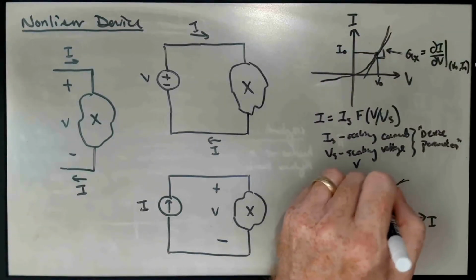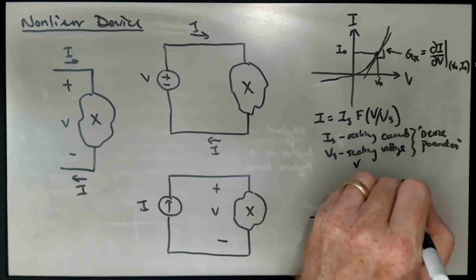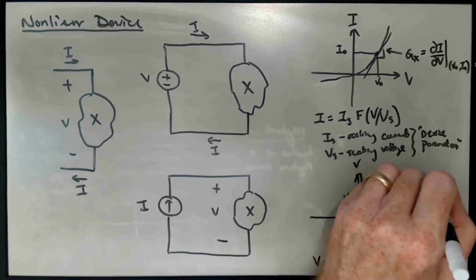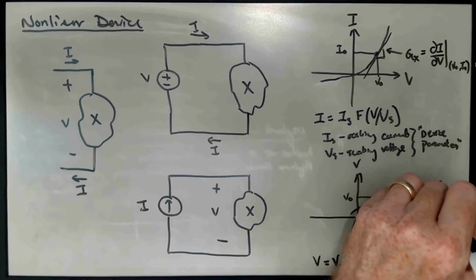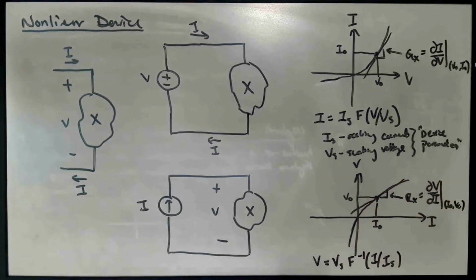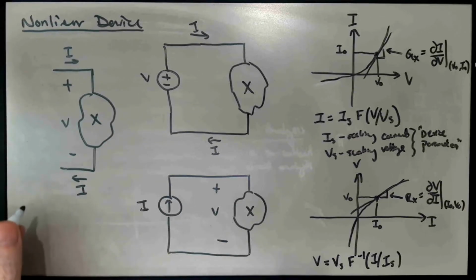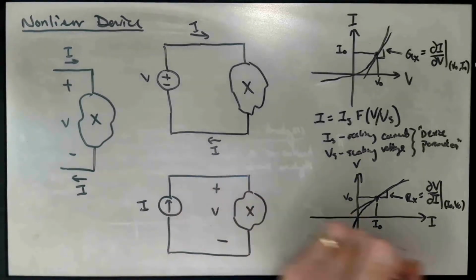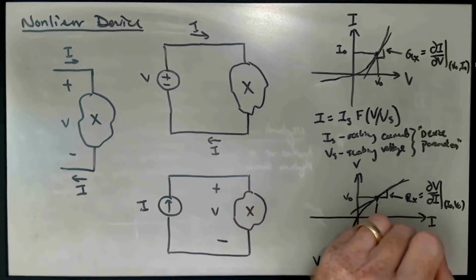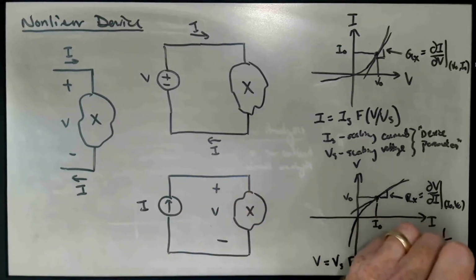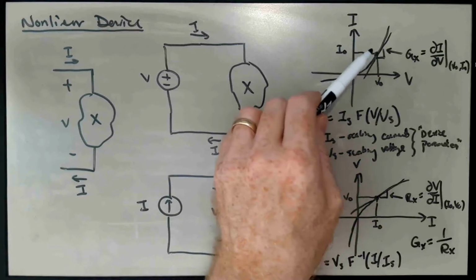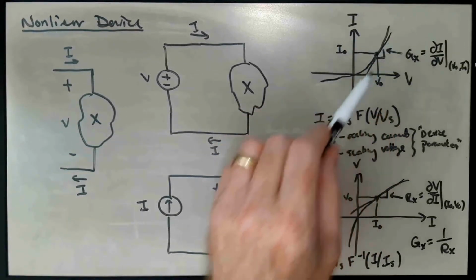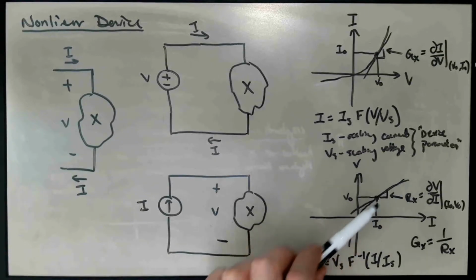And the slope of this tangent line here is r sub x, where r sub x is dv di evaluated at that same point, I0, V0. And of course, by the inverse function theorem, we have that g sub x is equal to 1 over r sub x. Right, if I take the inverse of this curve, I just flip the axes around, the slope of this tangent line just gets inverted.